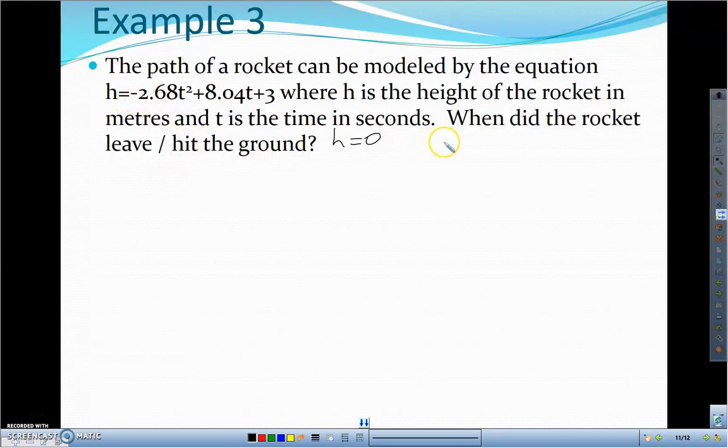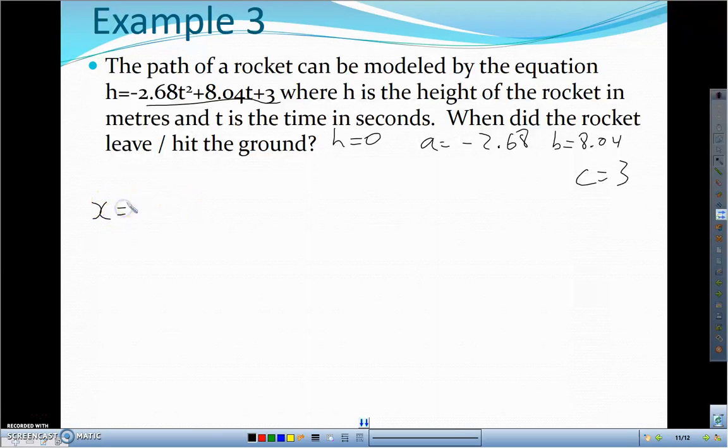In this case, we also know that if this is in standard form, our a value is minus 2.68. Our b value is equal to 8.04, and our c value is equal to 3. So we're going to substitute these into our quadratic equation.